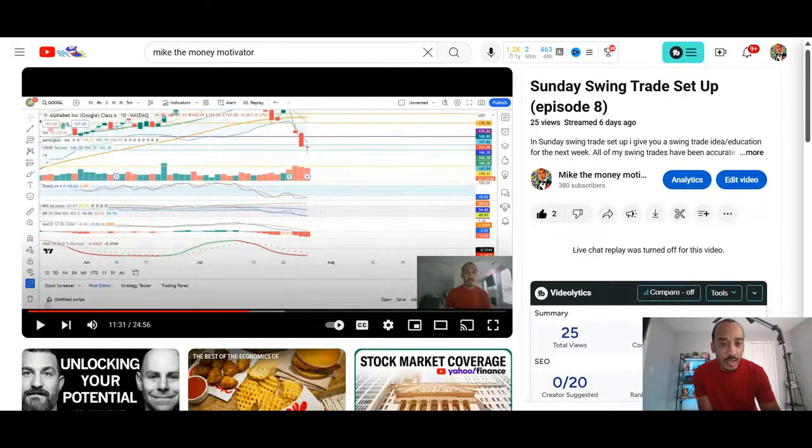I only swing trade in the upward direction. So I'm expecting the stock or the next candle or two to go in a reversal direction, right? So let's pull out the chart and see what Google did after that little doji.